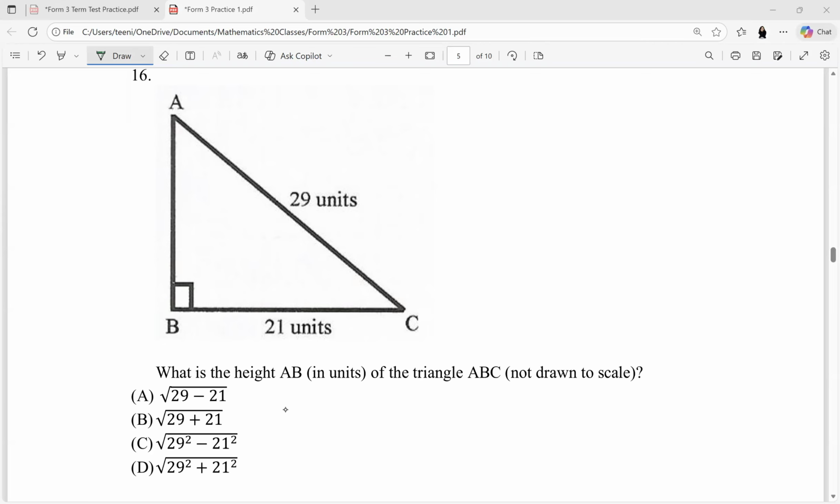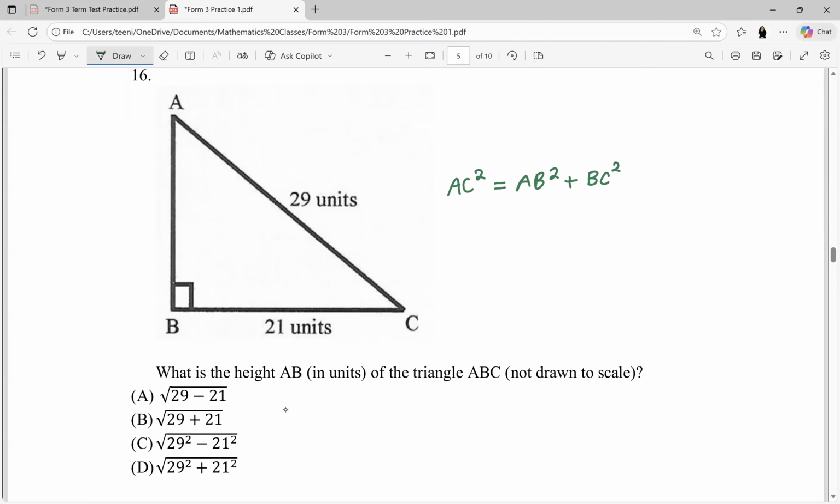Pythagoras' theorem tells us that the square of the hypotenuse, so in this case AC squared, is equal to the sum of the squares of the other two sides. So AC squared will be equal to AB squared plus BC squared. And we want to find out the height of AB. So you'll have to make AB squared the subject.